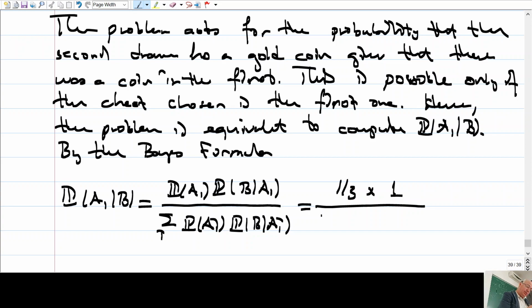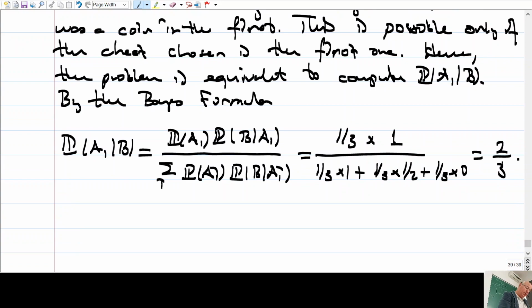And what is this? This is 1 over 3 times 1 plus 1 over 3 times 1 over 2 plus 1 over 3 times 0, and the computation gives us just 2 over 3.